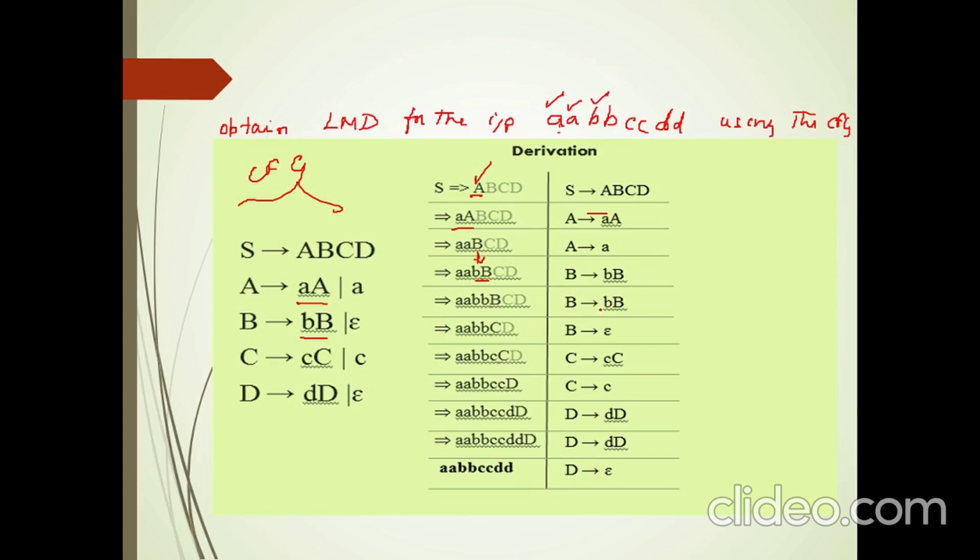Here I have written the rule. So I got BB by applying this production on this non-terminal.